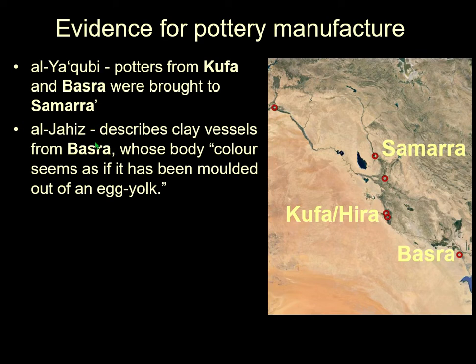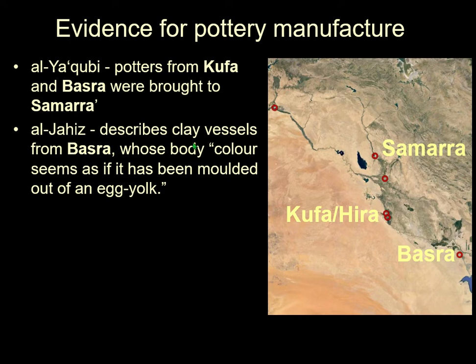Al-Jahiz describes vessels. Al-Jahiz actually comes from Basra, so he knows who he's talking about, whose body color seems as if it had been molded out of an egg yolk. So it's very distinctive, he thought, the ceramic body of Basran pottery, which is very interesting because, of course, he's doing paste studies 1,000 years ago.